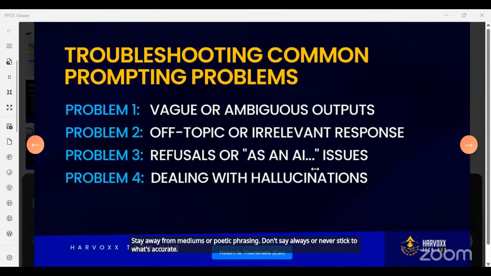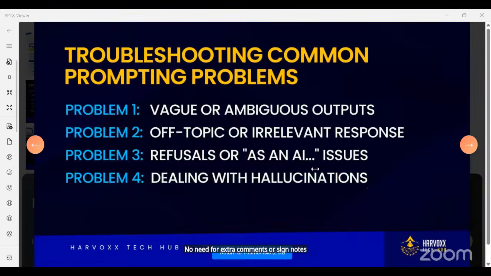Drop transitions like finally or to wrap up. No need for extra comments or side notes. Deliver only the essentials. Keep it straight and simple.